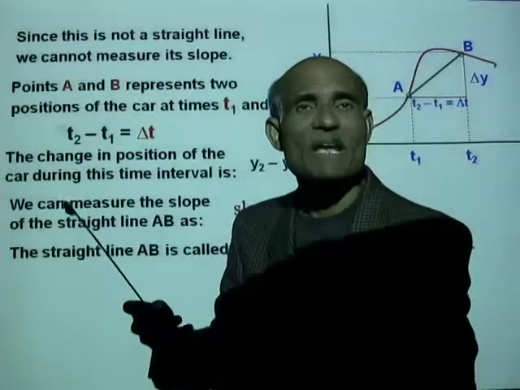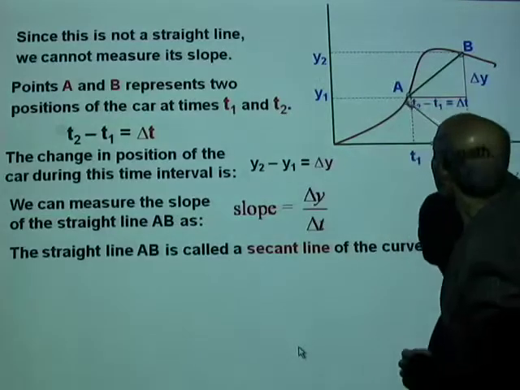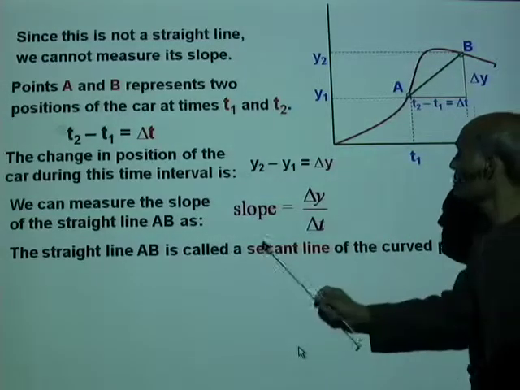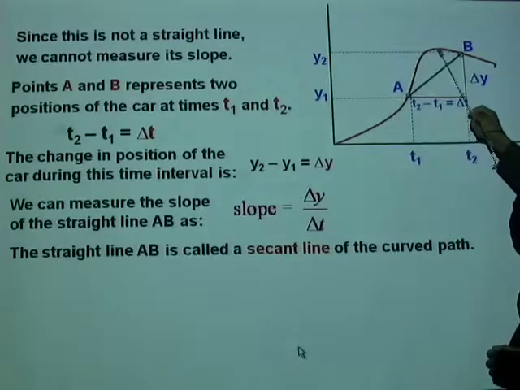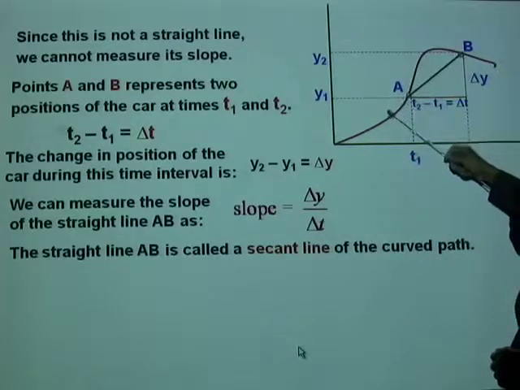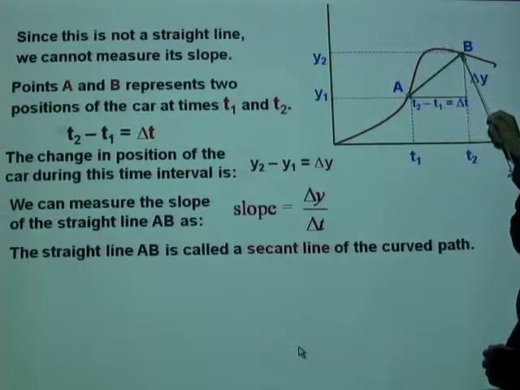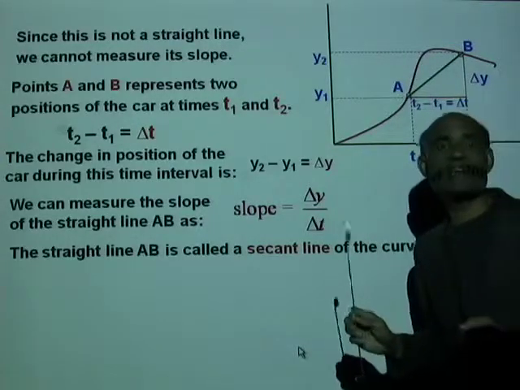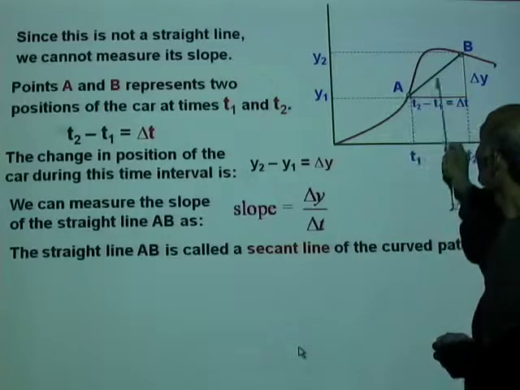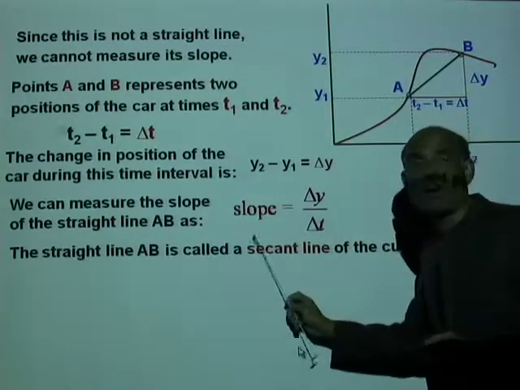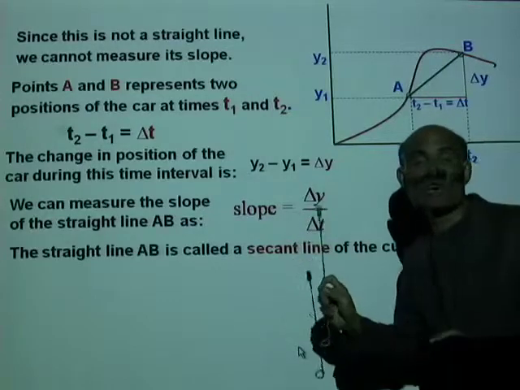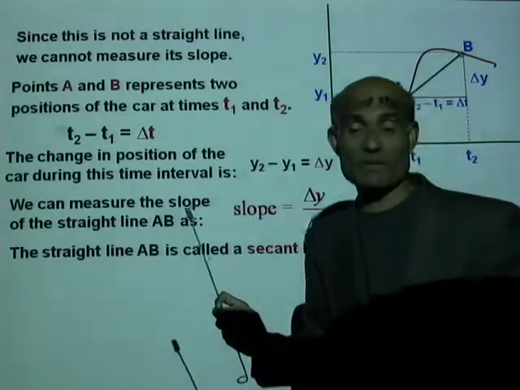What does it actually mean? Now, this line AB is very often called the secant line of this curve. So, if this is the curve AB, then the line AB is called its secant line. So, delta y by delta t is the slope of the secant line joining points A and B.